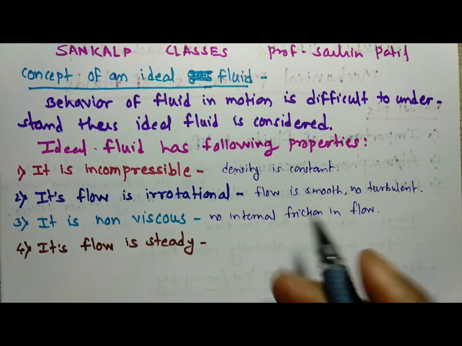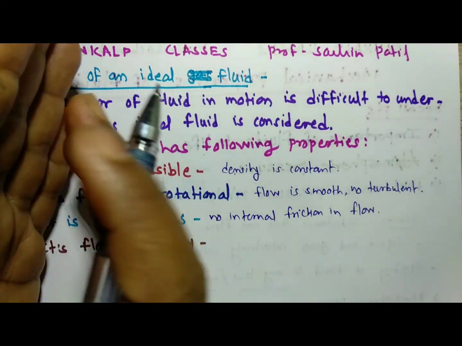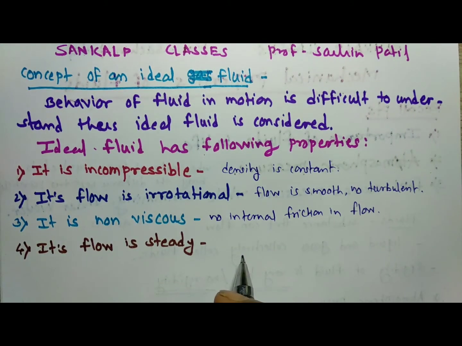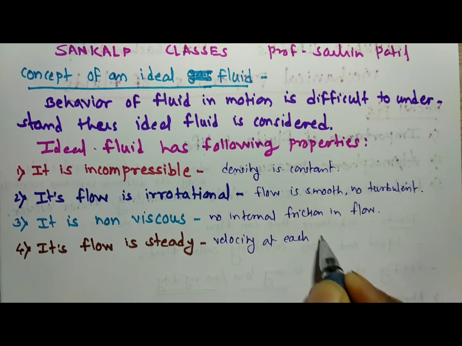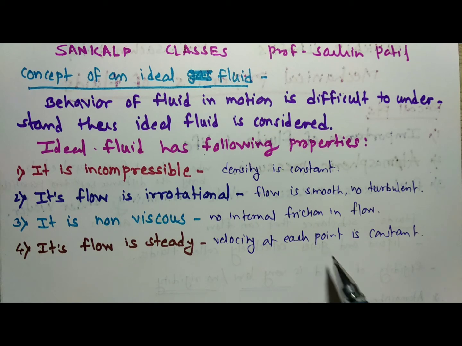The internal friction between the layers of the liquid is very small, so there is no internal friction in the flow, and its flow is steady. What does it mean? The velocity at each point is constant. That means the velocity of flow in a liquid is steady. Those are the four properties of an ideal fluid.